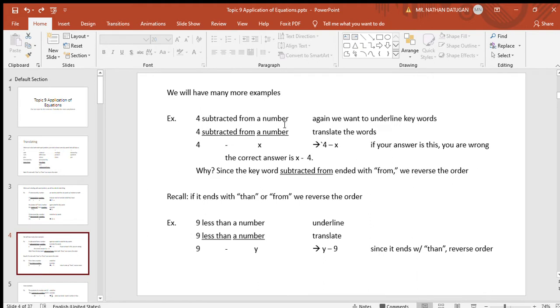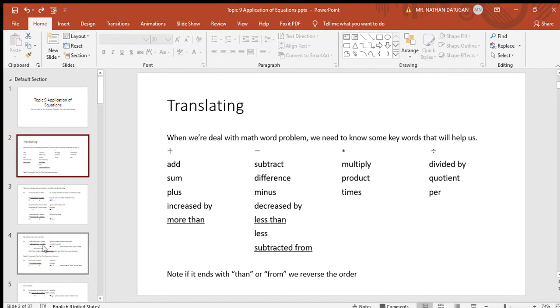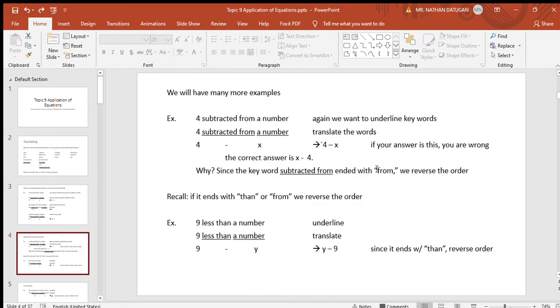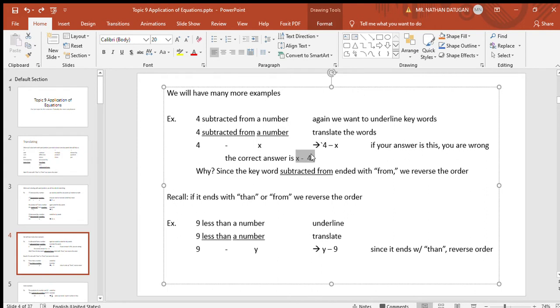So where did you come from? Did you come from the school or did you come from home? You came from home, right? So home, then school. So when it ends with from and then, the order is reversed. So instead of 4 minus x, it's going to be x minus 4.